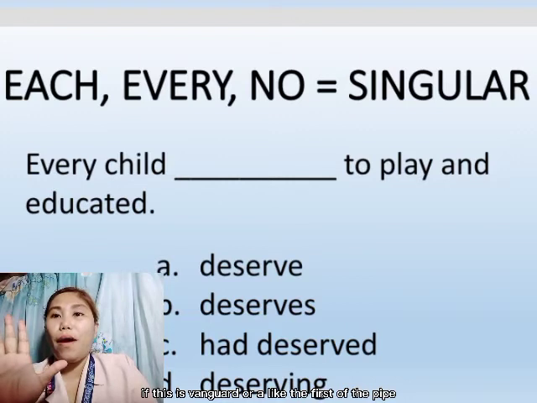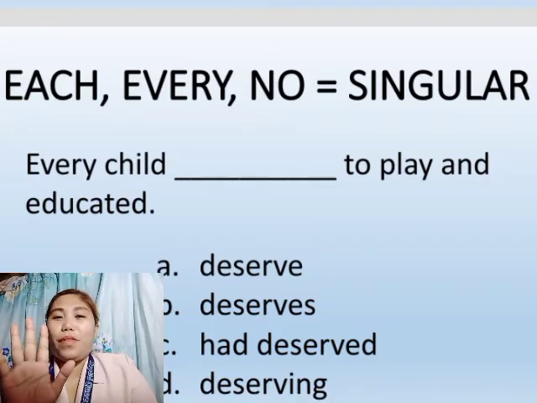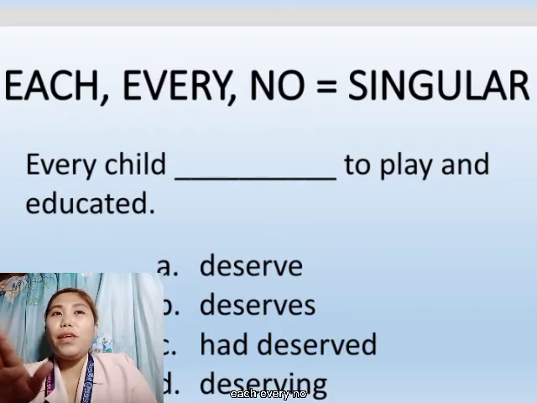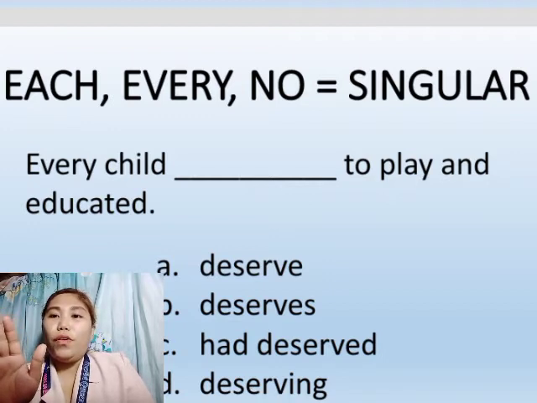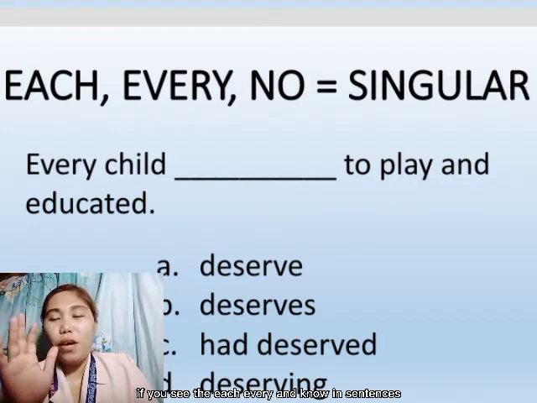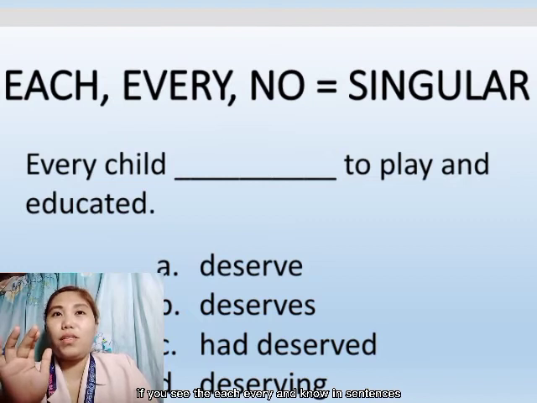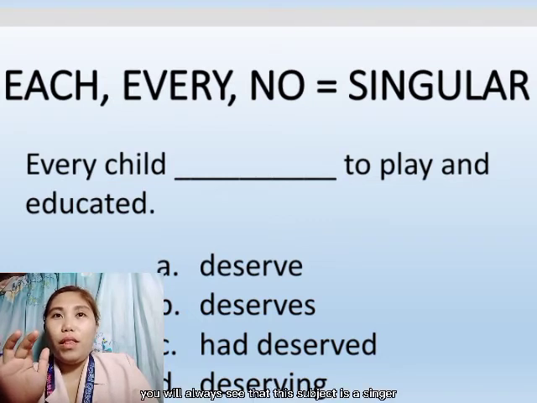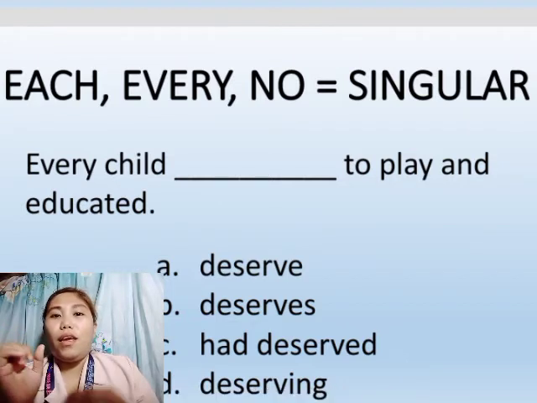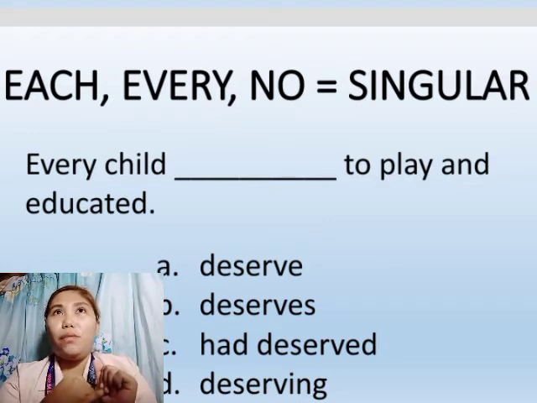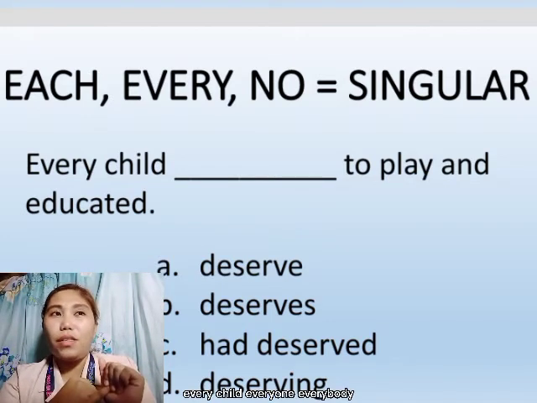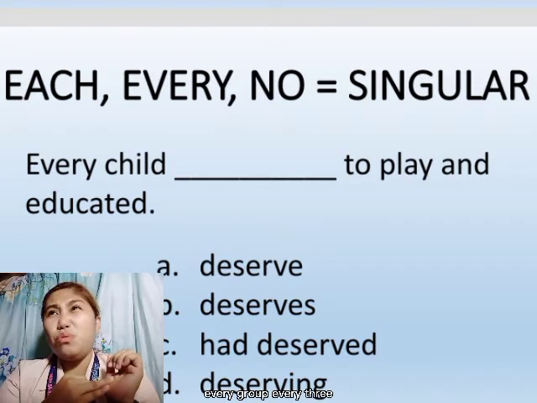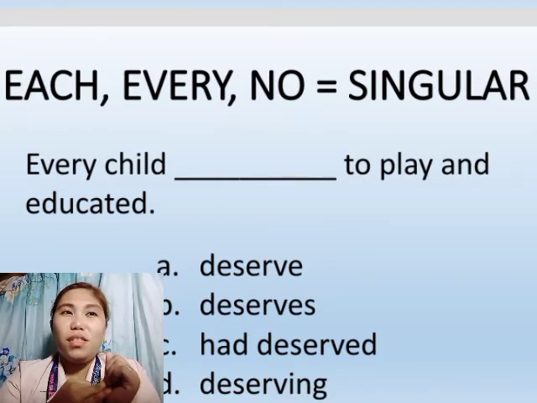Number 5: each, every, no. If you see each, every, and no in a sentence, you will always see that the subject is singular. Every child, everyone, everybody, every fruit, every tree.